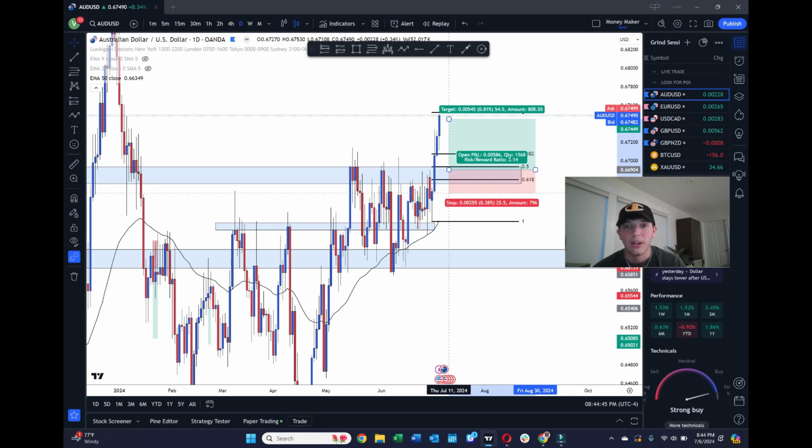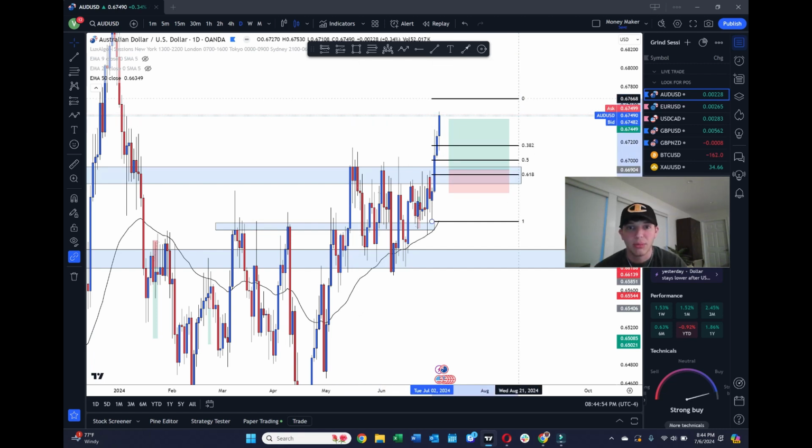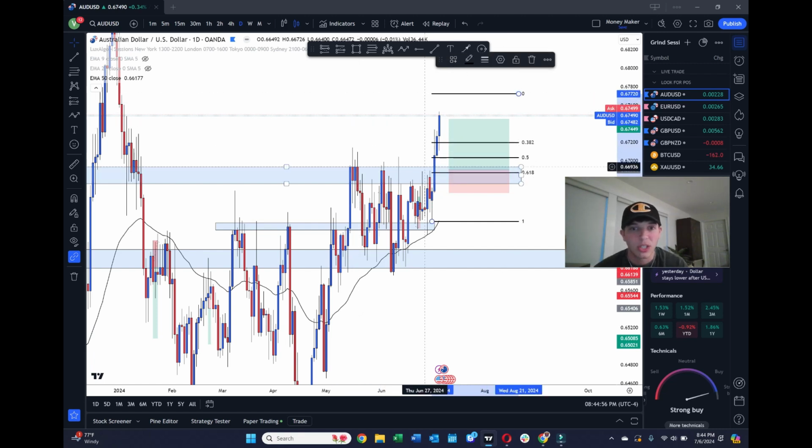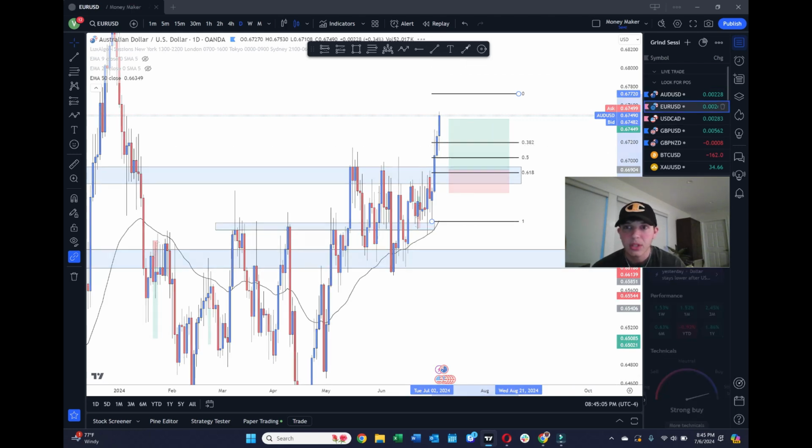I'm probably just going to be looking for around a 1 to 2 on this trade if it does decide to retrace back into our area of interest. But it may continue to push even a little bit more. If it does, then we're just going to wait for another retracement to happen at overall market structure. So that's that for AUDUSD.